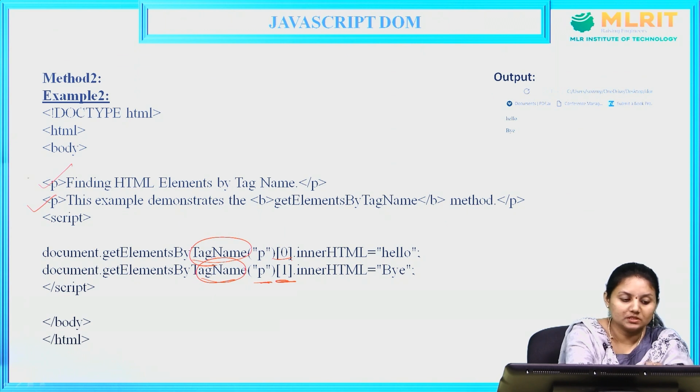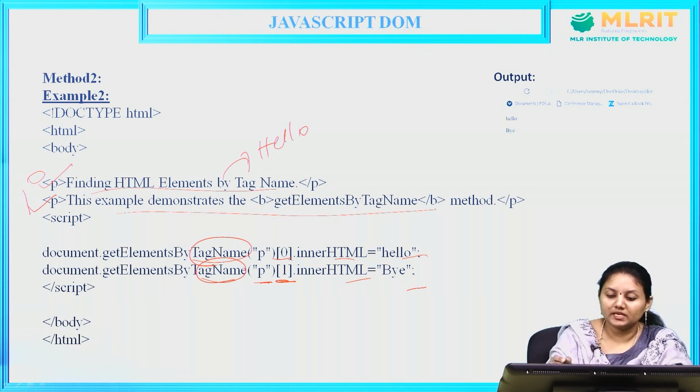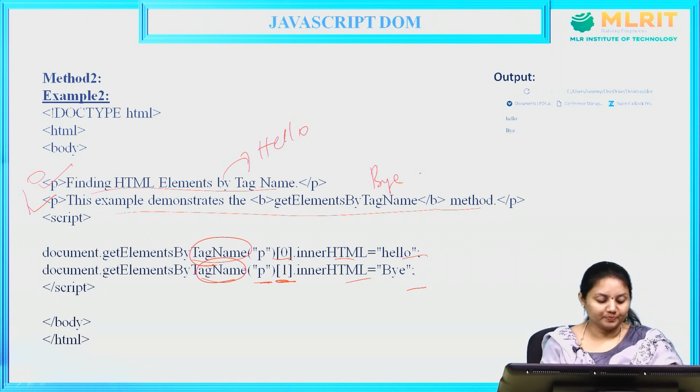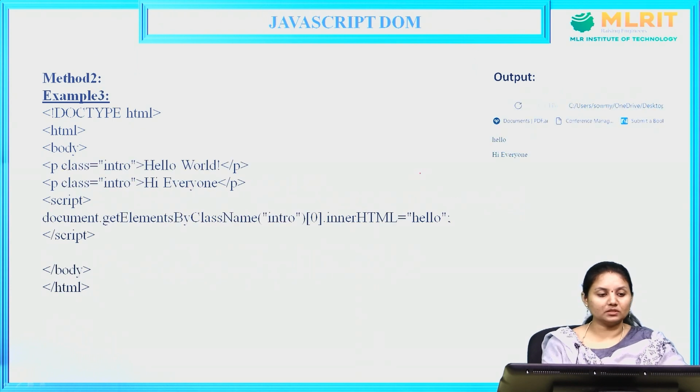This is 0, this is 1. innerHTML, hello, bye. So this finding HTML elements by tag name is replaced by hello, and this example demonstrates the getElementsByTagName method. This will be replaced with bye. So here is how we are updating the content using the document object model.